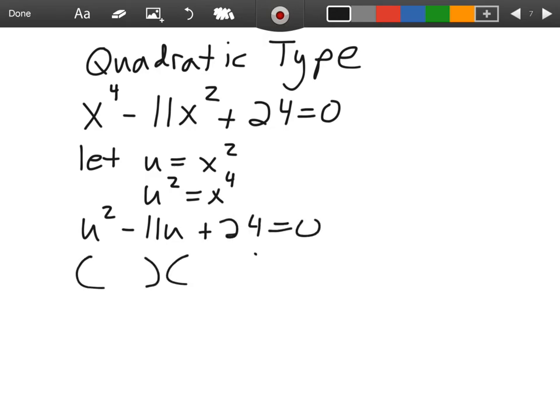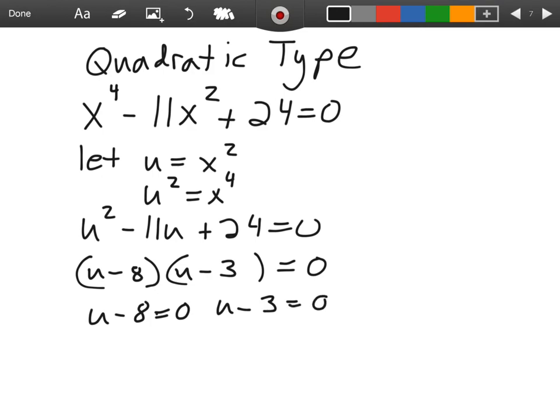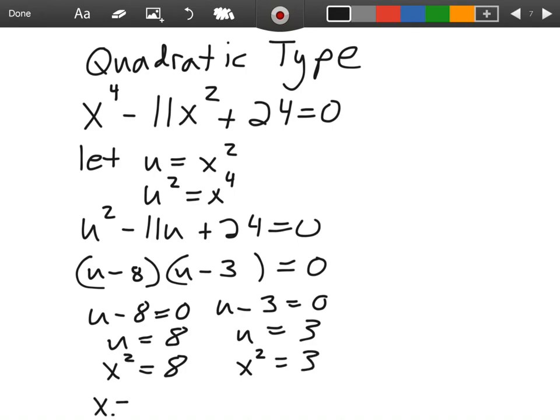That guy factors u minus 8, u minus 3. So we get u is equal to 8 and u is equal to 3. But u is x squared, so we have to substitute it back in. So we get x is plus or minus 2 square roots of 2, and x is plus or minus the square root of 3. There's 4 answers.